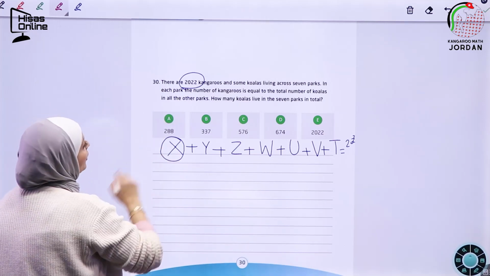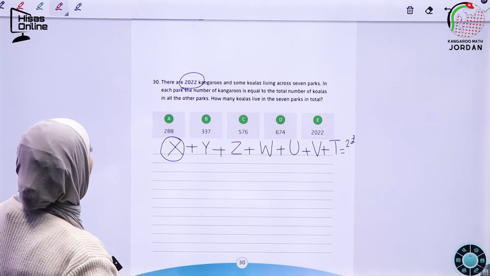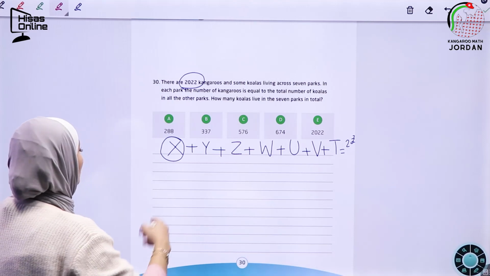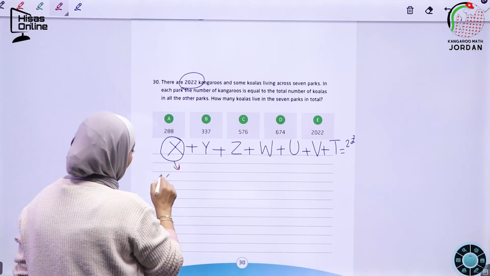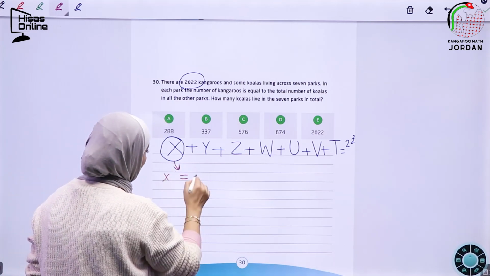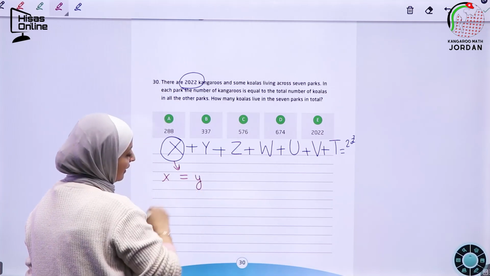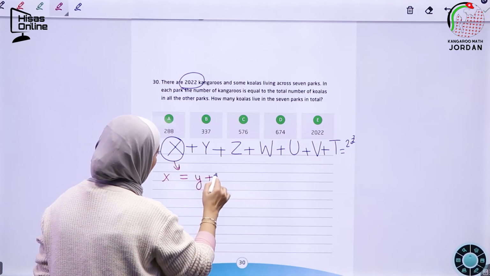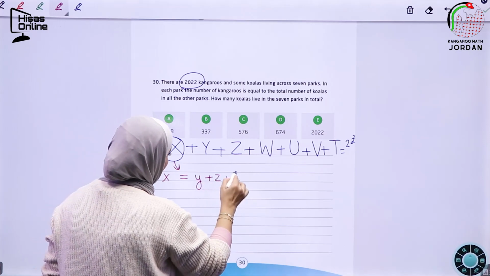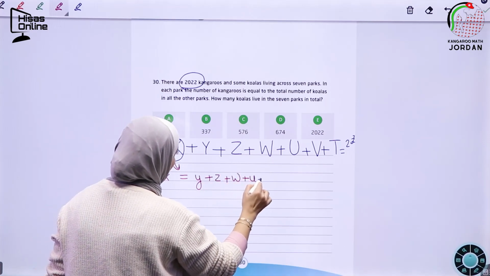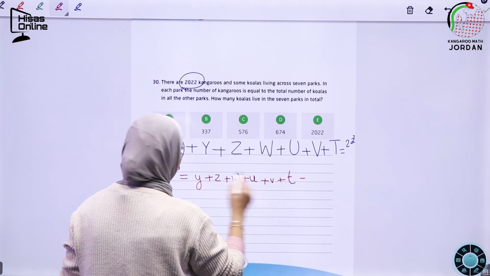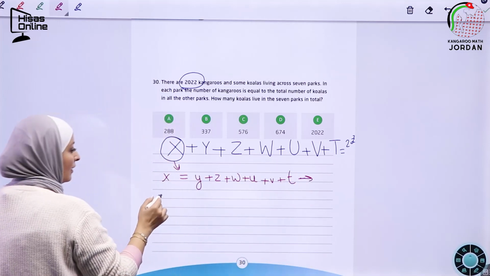They said in each park the number of kangaroos is equal to the total number of koalas in all other parks. So this big X equals small y, which is the koalas in another place, plus Z, plus W, plus U, plus V, plus T. This is X. Okay.